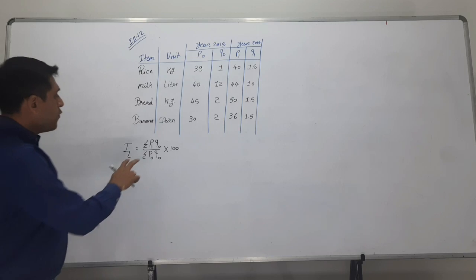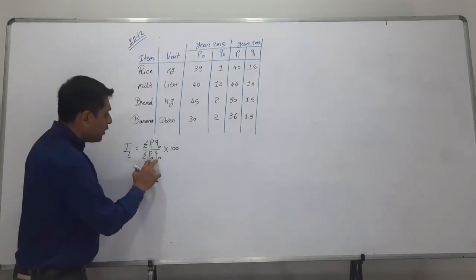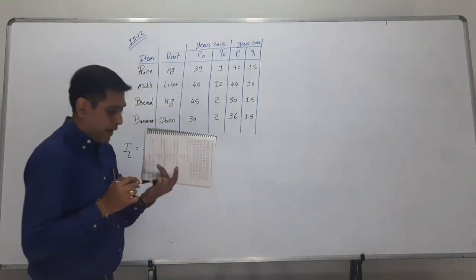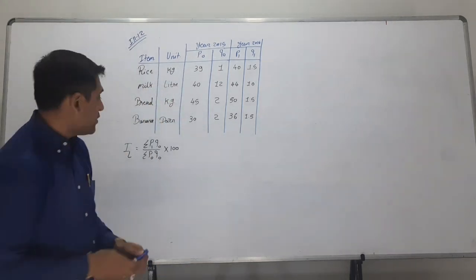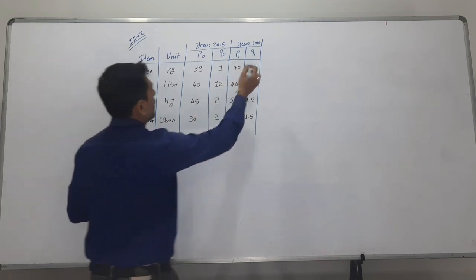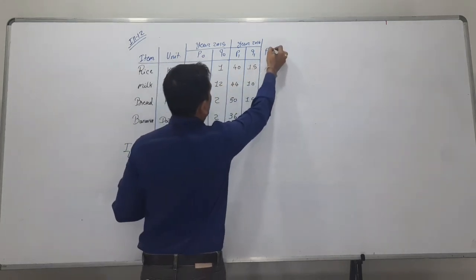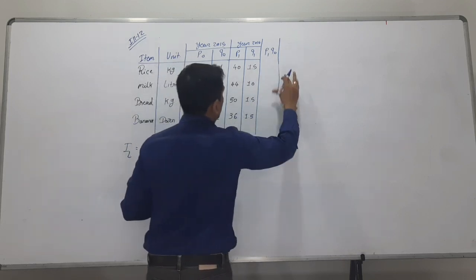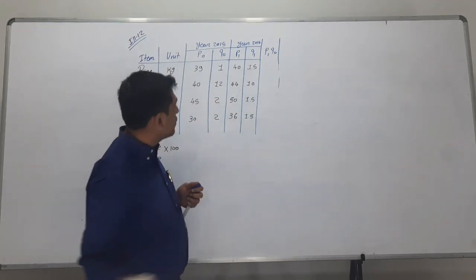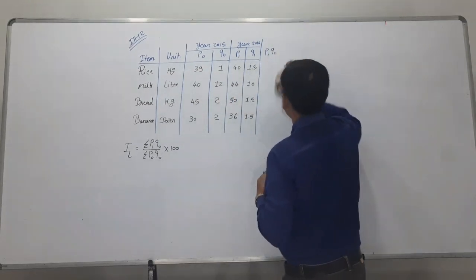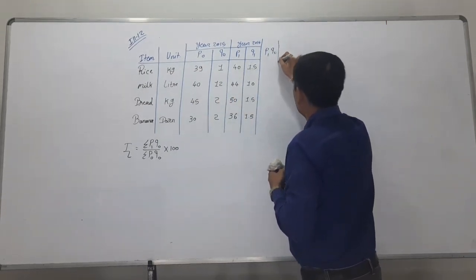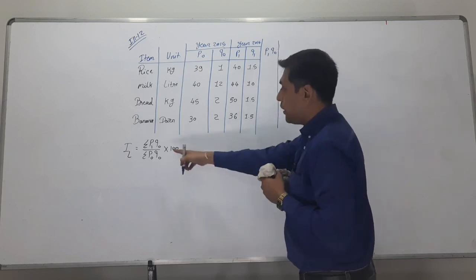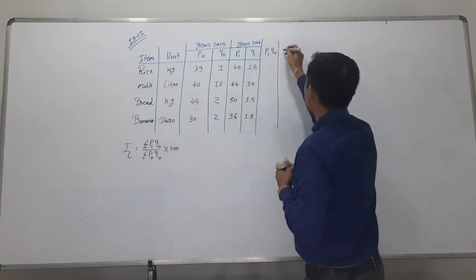So first of all we have to find P1 Q0, then we have to find P0 Q0. So two columns we have to prepare: P1 Q0, then the next one is P0 Q0.